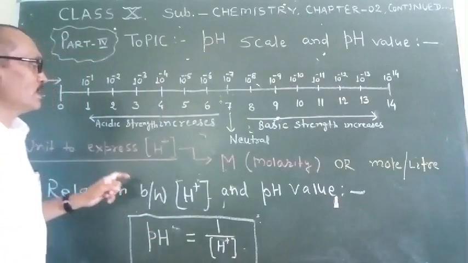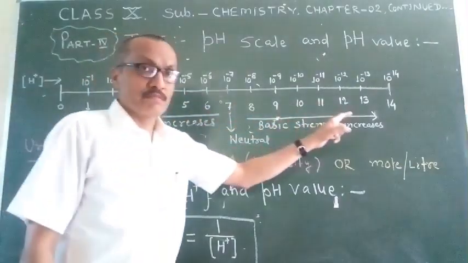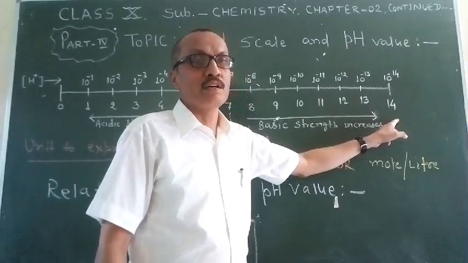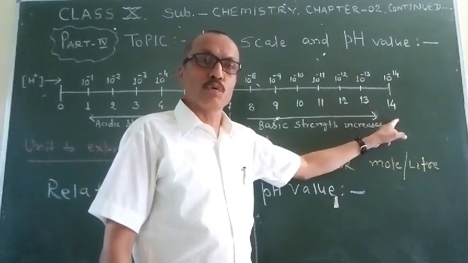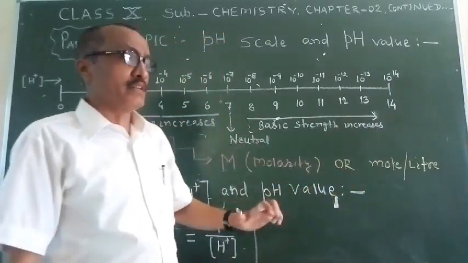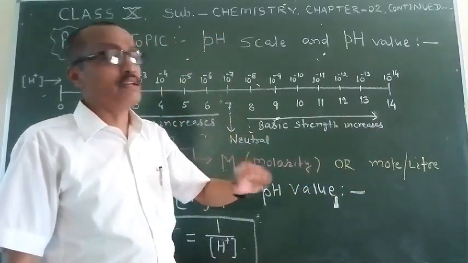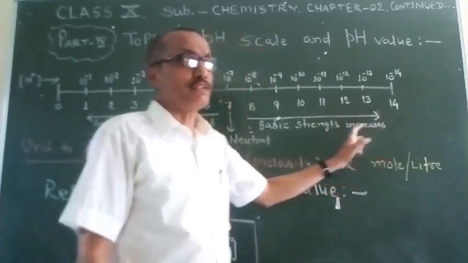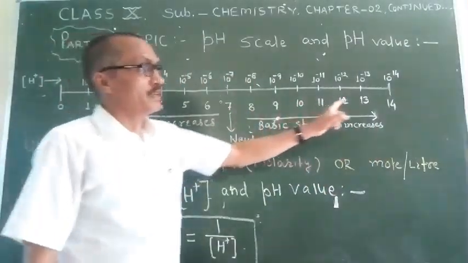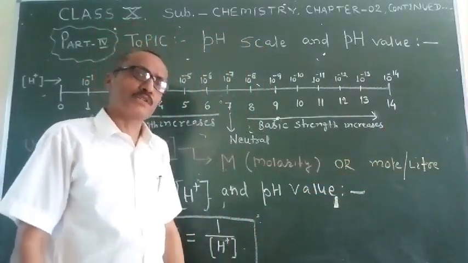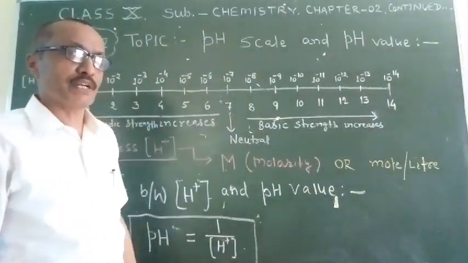Students, in this range from 0 to 14, all the solutions come. Means pH does not exceed 14. Up to 14, from 0 up to 14, all the pH of solutions are expressed.